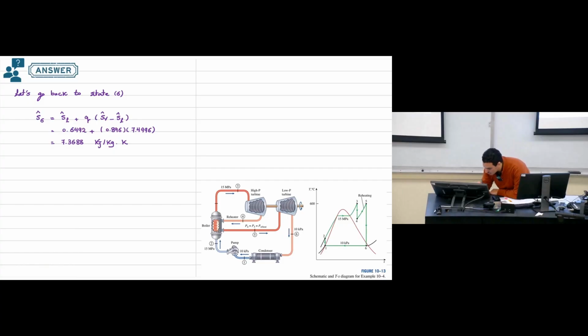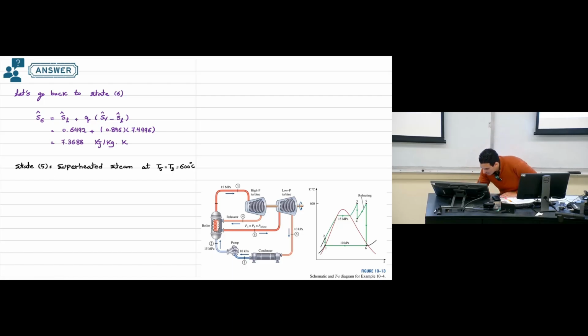Now get back to state 5. So state 5, superheated steam. Temperature at 5 equal temperature at 3 equals 600 degrees Celsius.